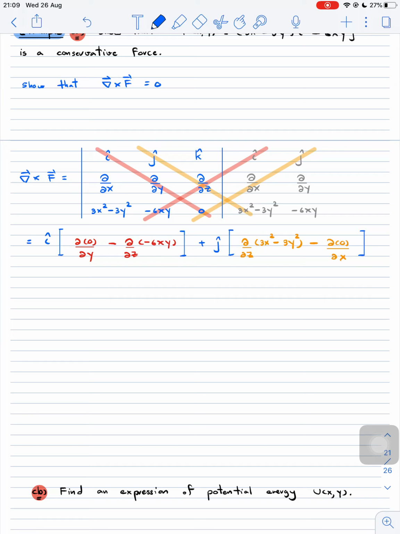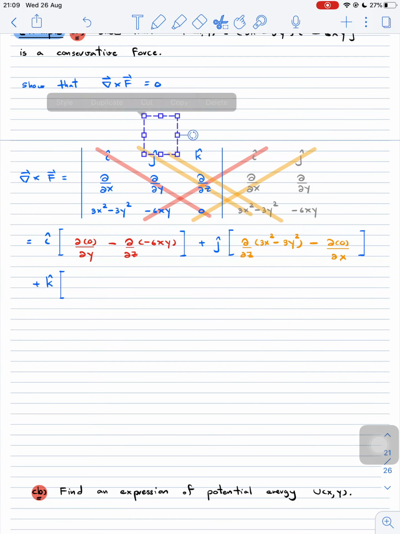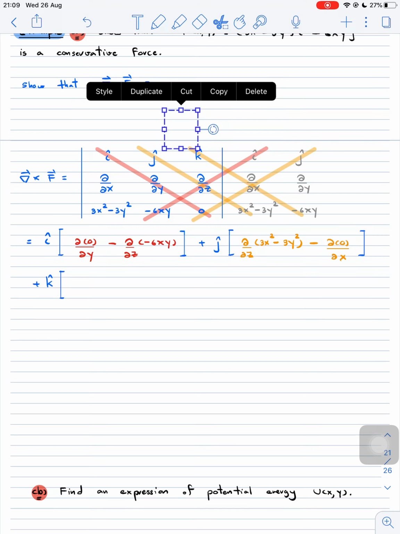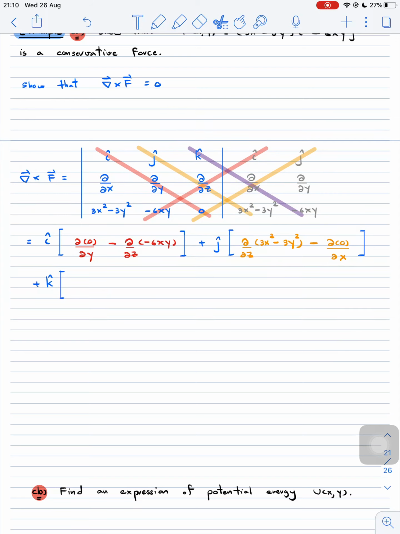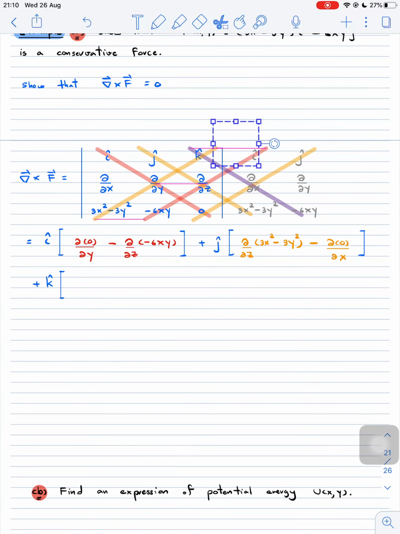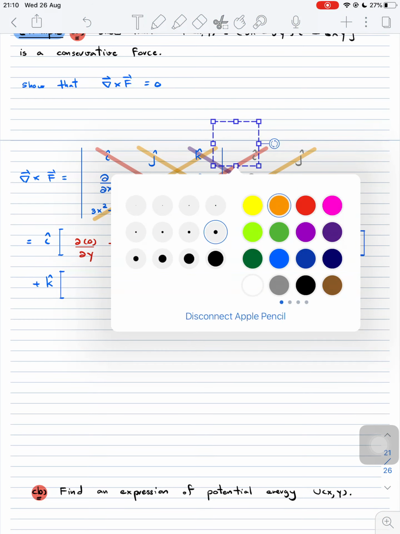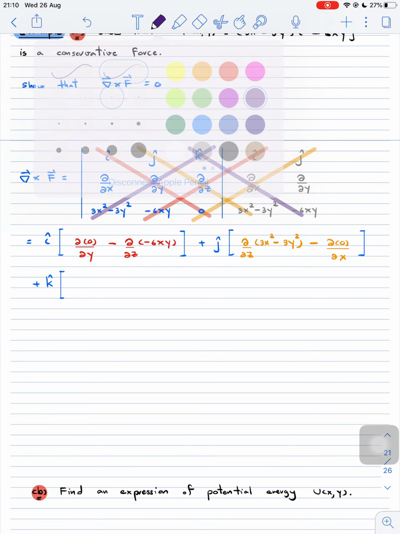Okay, so finally for the k component, this can go for the k component.